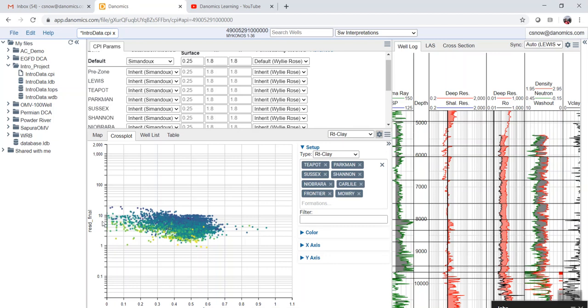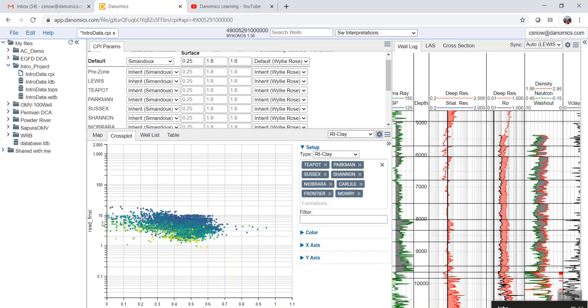Okay, so that is essentially how we do a saturation calculation. I know we spent a bit more time in this video going over the ins and outs of the Pickett plot and looking at some of the equations, especially Archie's, in a bit more detail.